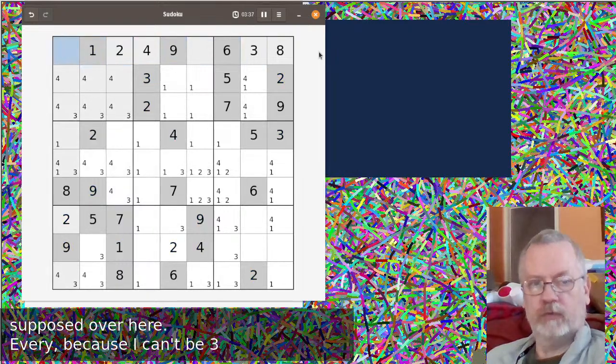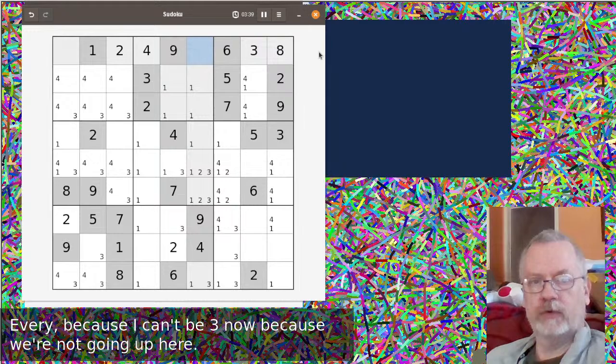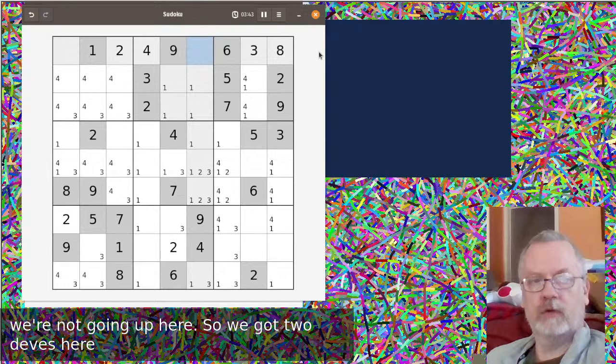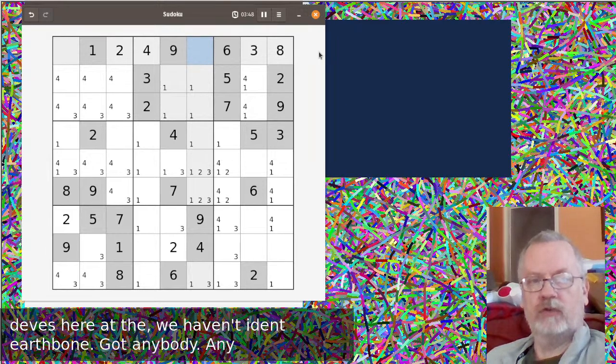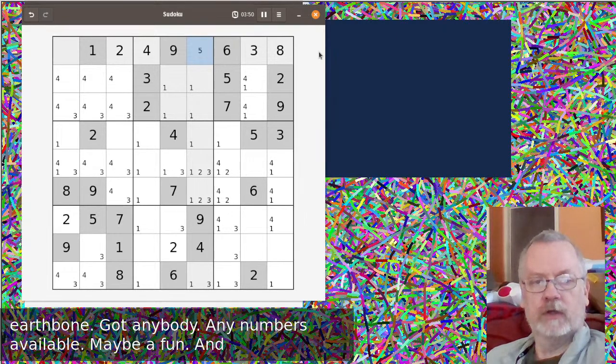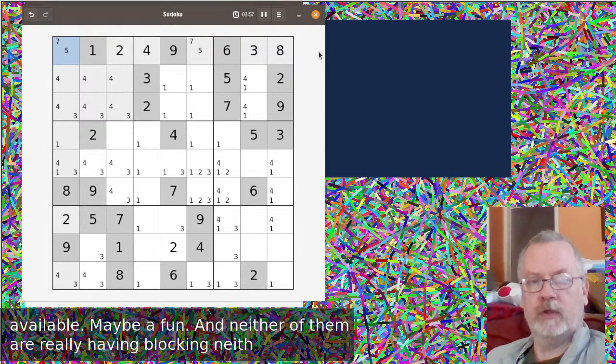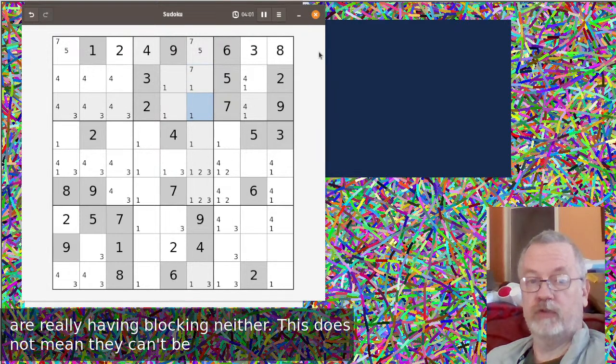Since we've got 2 cells here that we haven't got any numbers in, we know that the numbers available are going to be a 5 and a 7, and neither of them really have anything blocking either. This does not mean they can't be someplace else, but for example, this could also be a 7. Either of these could be a 5 in this cell.